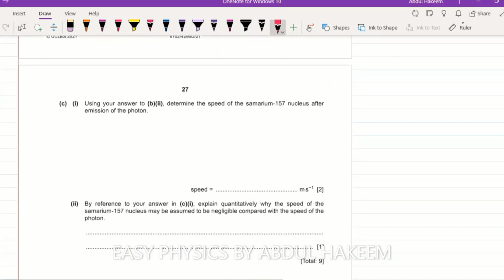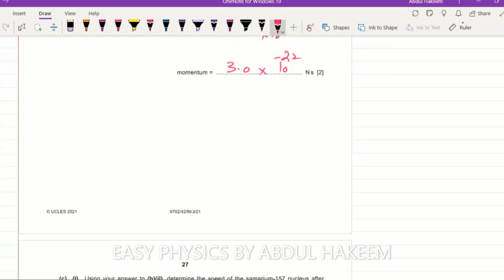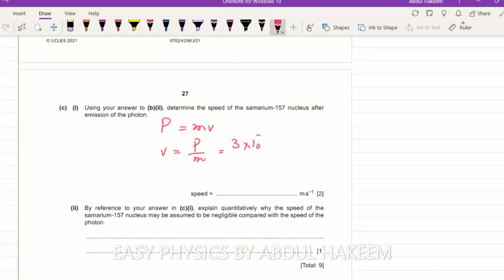And the next part is use the answer to determine the speed of the nucleus after the emission of the photon. Look, we have momentum, but the momentum is mv. So v is equal to momentum divided by mass. So the momentum is 3 times 10 power minus 22, yes, and divided by mass of this 157.